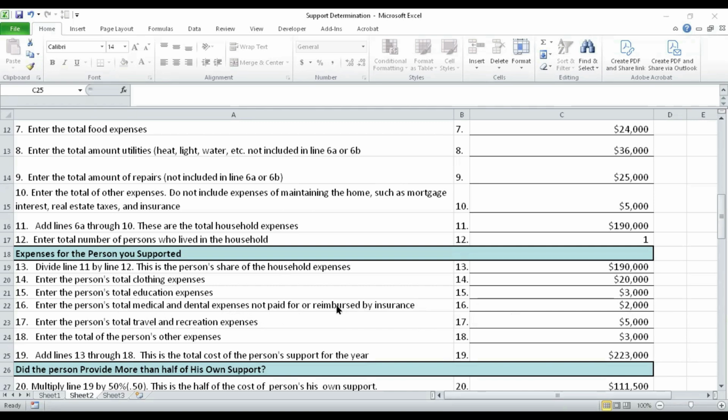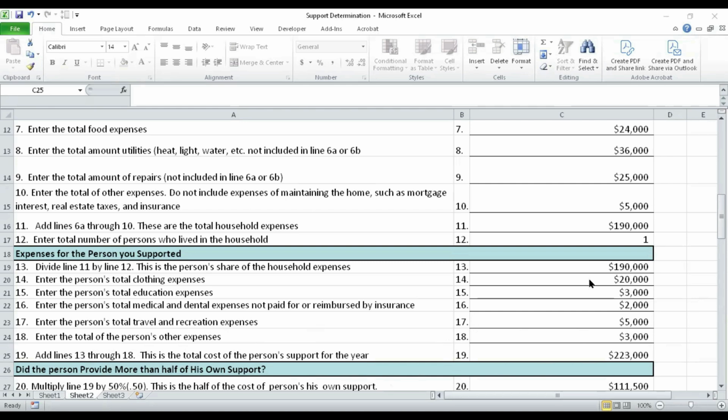His total medical and dental expense that is not paid or reimbursed by insurance is 2,000. He bought some things like a blood pressure instrument and over-the-counter medicine, so that equals 2,000. His total travel and recreation expense, like gasoline, comes out to be 5,000. And he has other expenses like toiletries, computer paper, printer cartridge, that kind of stuff. That's 3,000.